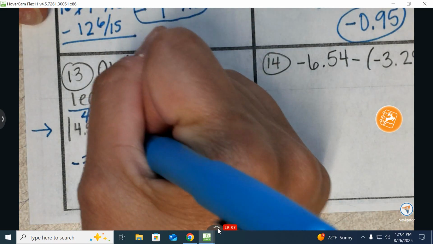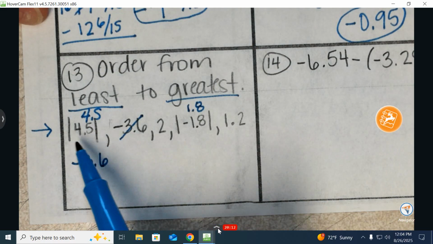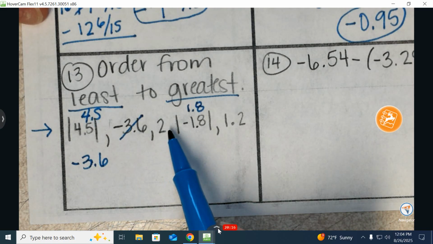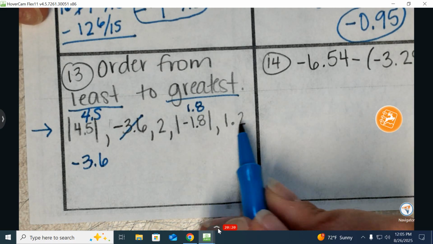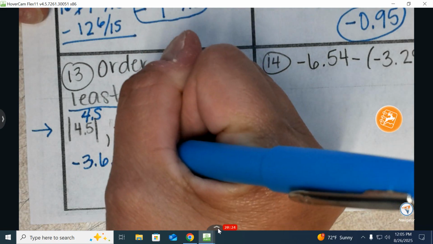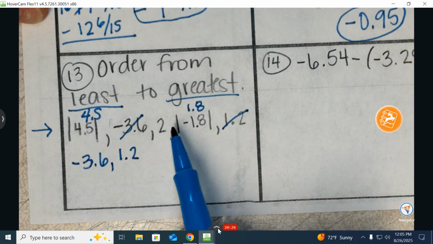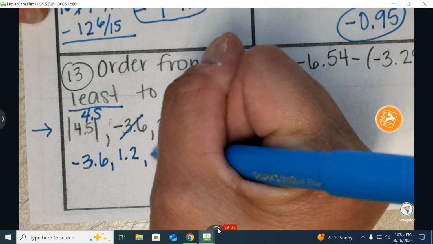Now I'm just going to mark it out when I get done with it. Alright, now we have a 4.5. That one's not the least. A 2, a 1.8, and a 1.2. The smaller number between these two is going to be 1.2. 1 and 2/10. Okay, between these two, 1.8 is smaller.